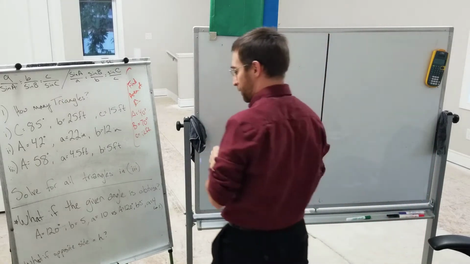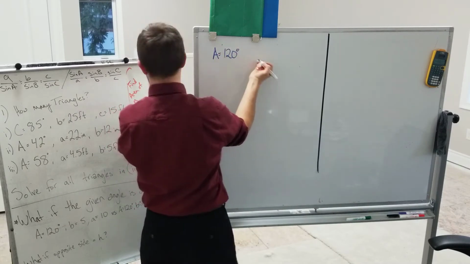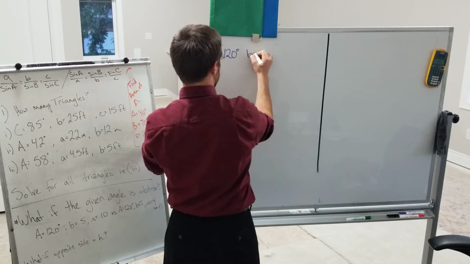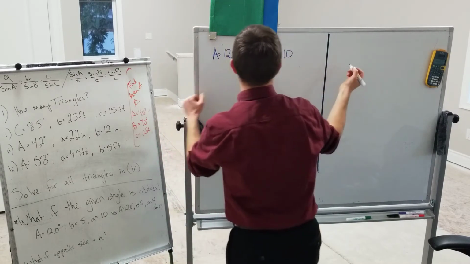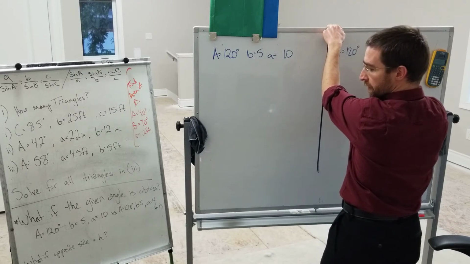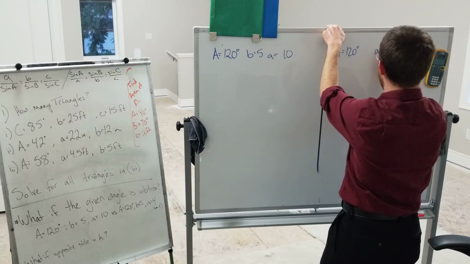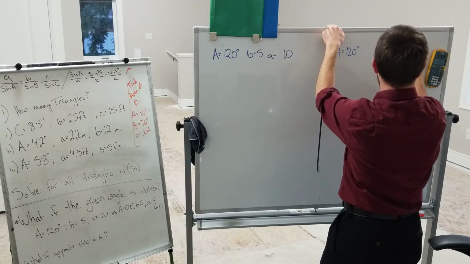So let's say we have an obtuse angle. We have A equals 120 degrees. The triangle possibilities: b equals 5, a equals 10, with A equals 120 degrees; then a equals 5, b equals 5; and a equals 4.